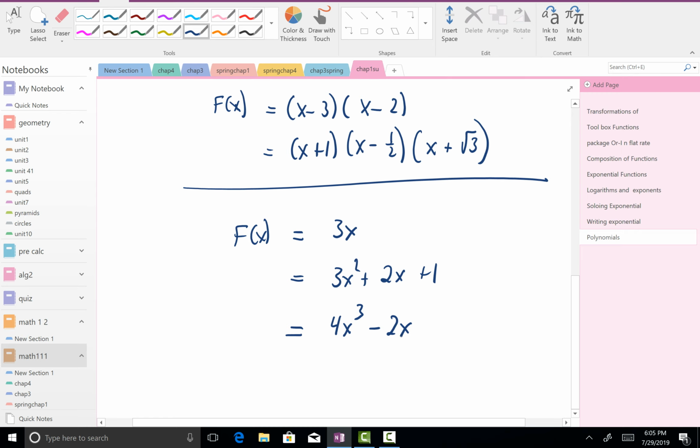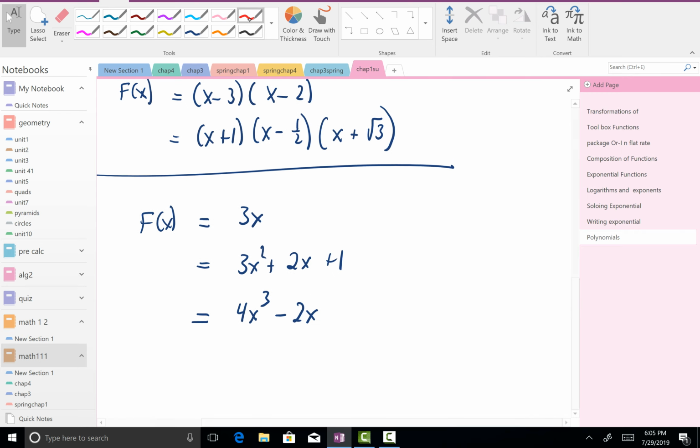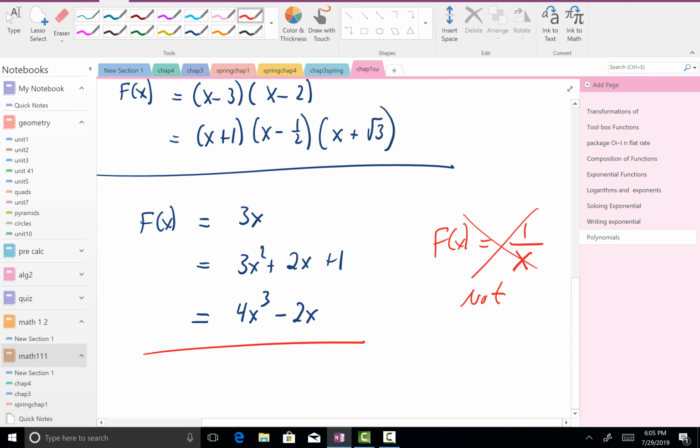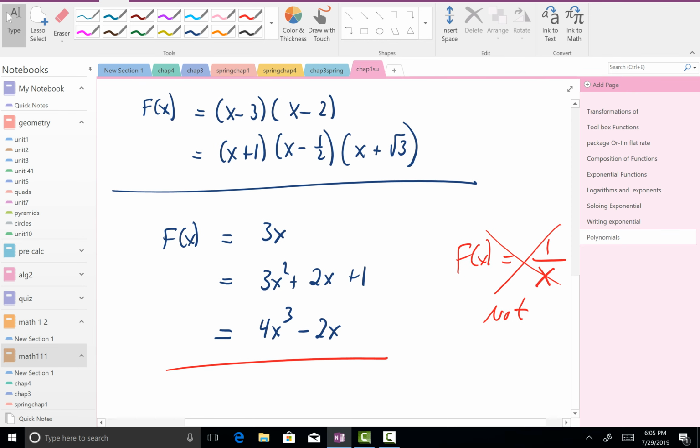Okay, so it has to just be an x, and it can't look like that. Okay, that's not a polynomial. All right, so that's not. These are. So it's just basically got to have x's with some sort of numbers either in front, the coefficients, or written in factored form.